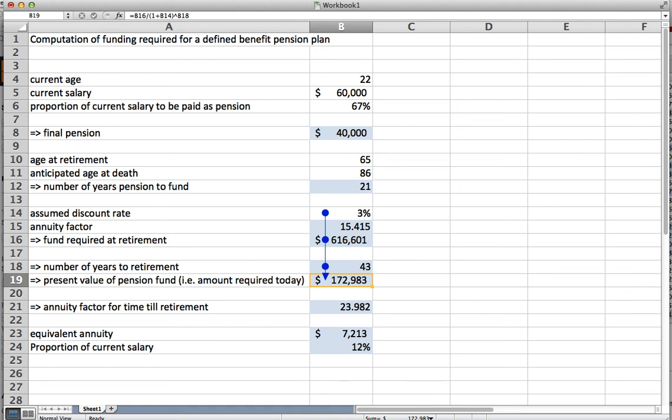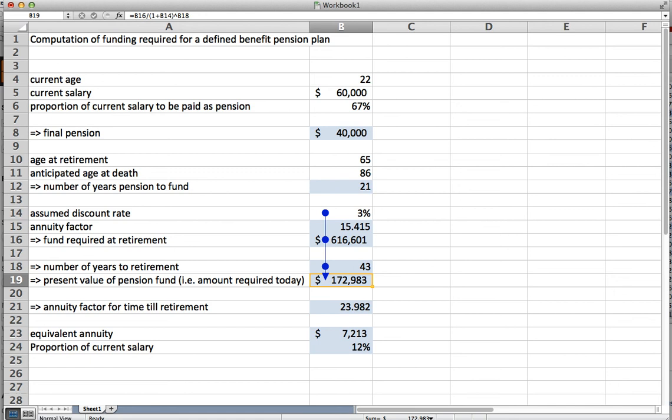So, okay, if the employee had $172,983, they could put that money aside, they could invest it at 3%. In 43 years' time, when they get to age 65, it would have become $616,601. They could then use that to buy an annuity or draw down $40,000 a year for the next 21 years.